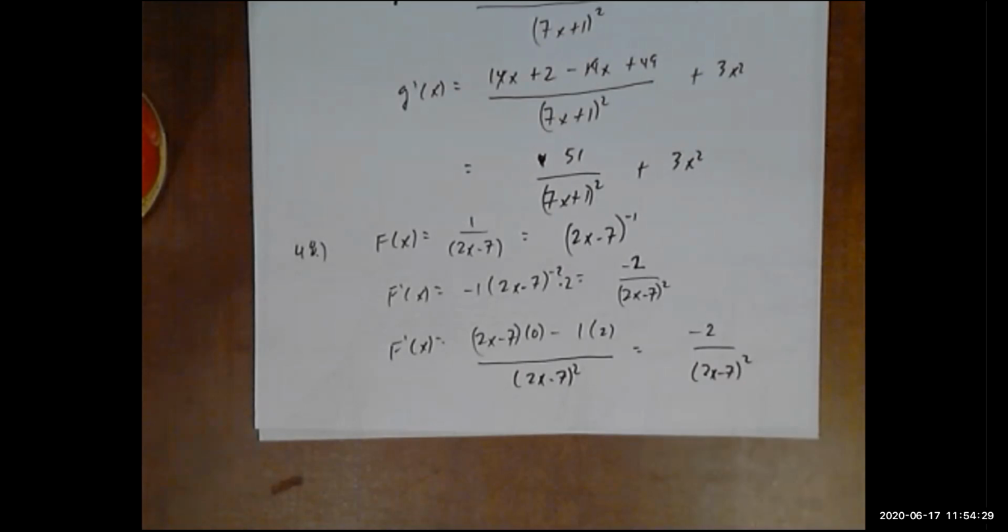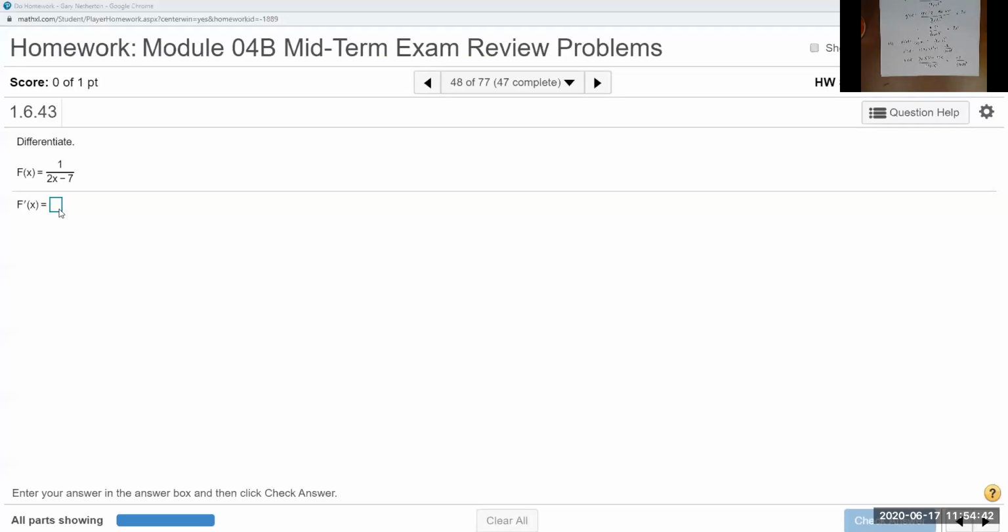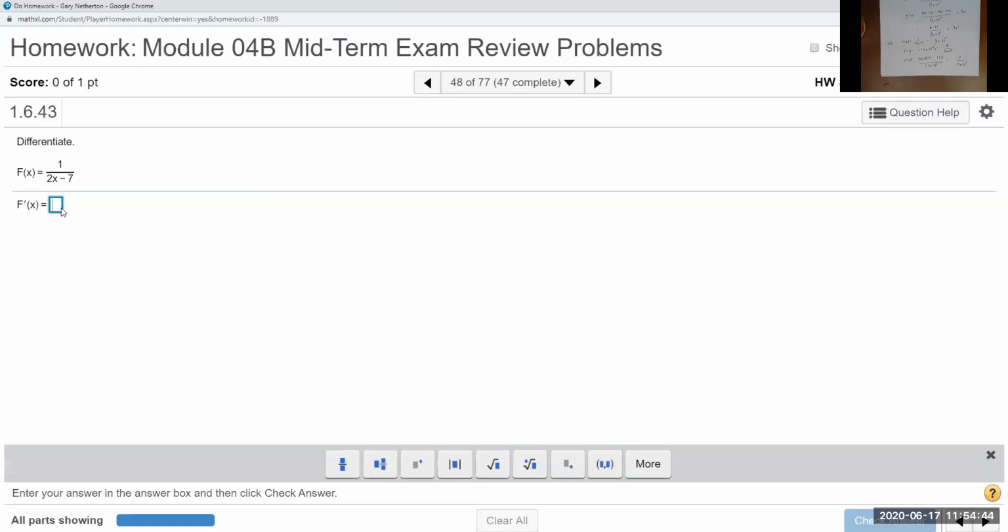So obviously you get the same answer no matter which method you choose. So -2 over 2x minus 7 quantity squared.